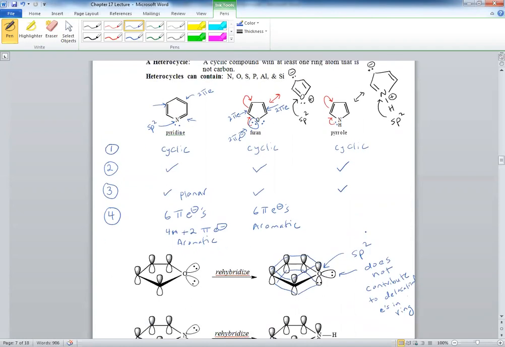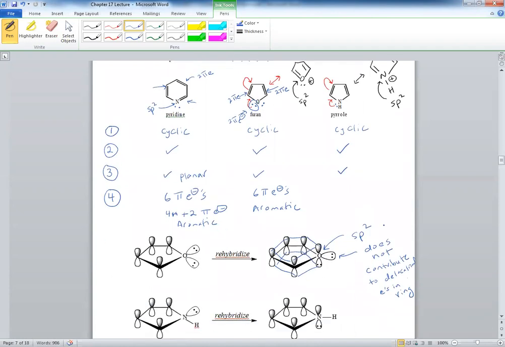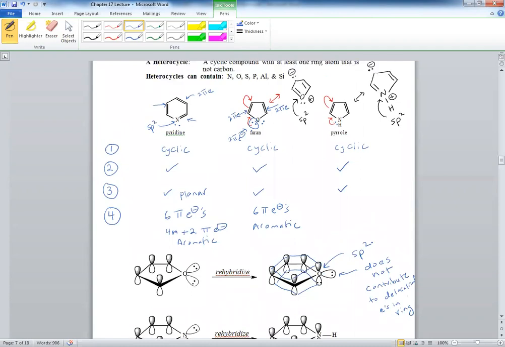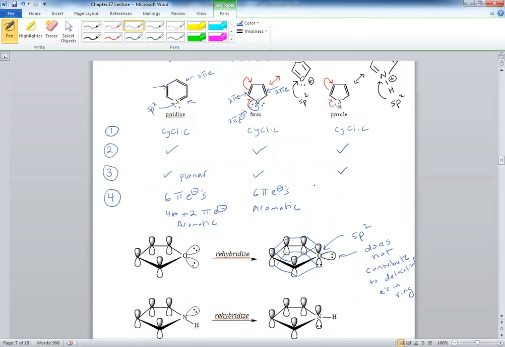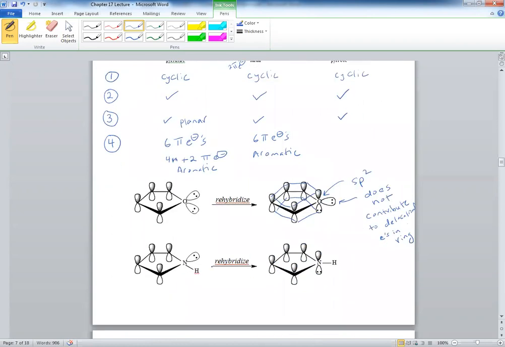Pyrrole also follows the same logic. If we look down here, if we rehybridize it, because of resonance, it can become sp2. And notice where this lone pair right here is. It's in the unhybridized p orbital.